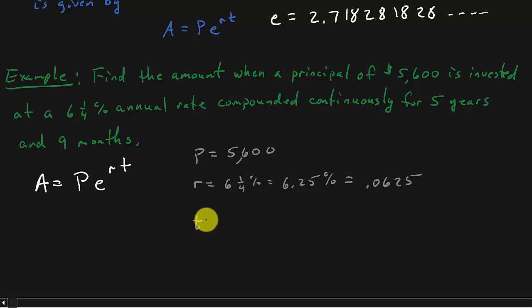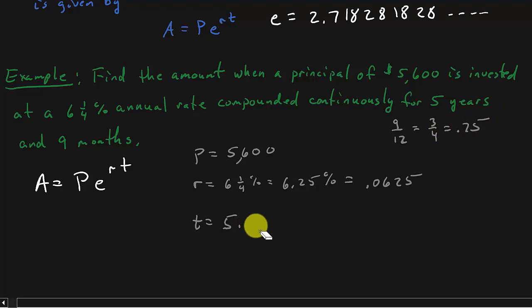And then T, that's the years. That's 5 years and 9 months. So that's the 5 years. And then the 9 months. Well, what about the 9 months? We've got to put it in years. T is the number of years. So 9 months, that would be 9 over 12 years, which is 3/4, which is 0.75.